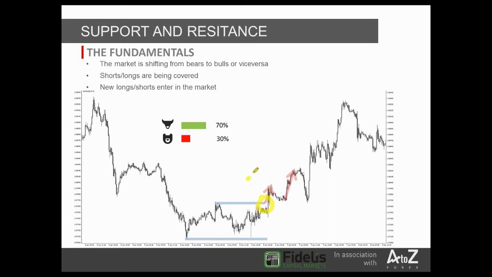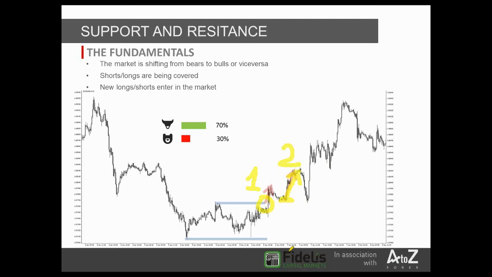So look, this is the first clue, number one here: the break of this resistance. And as Jakub said, here we're moving from the first floor to the second floor. Basically, the ceiling becomes the floor now, so you have to look for trade setups to go long. And this here is the second big clue, the confirmation that the market has reversed.